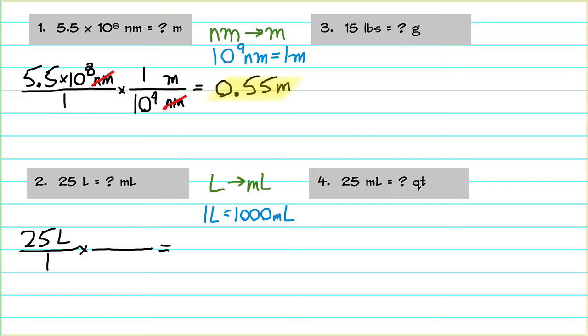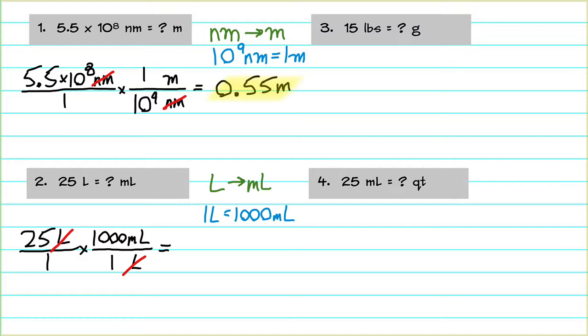I write the liter unit so that it cancels. And I want milliliters to stick around. And for every 1 liter, I get 1,000 milliliters. Now I go ahead and cancel the units, and you'll see the only unit left standing is milliliters, which is what I'm after.